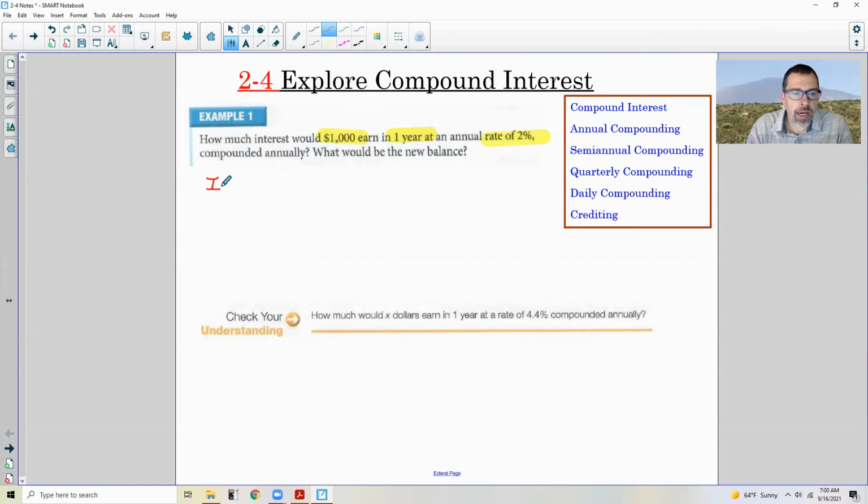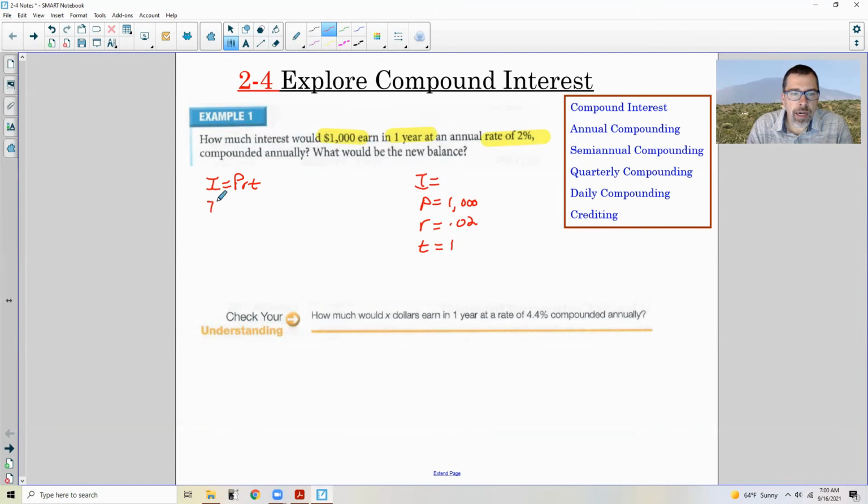So I equals PRT, just like last lesson, and then list what everything is. How much interest? So I'm trying to find I. $1,000 is our principal. Rate is 0.02 and time is 1 year.